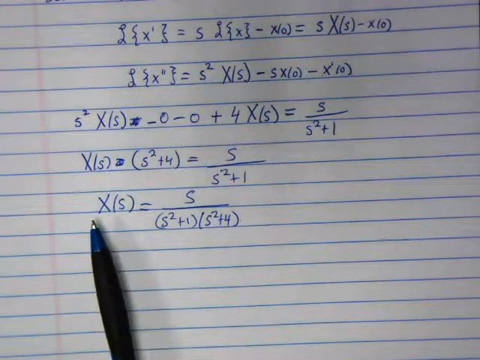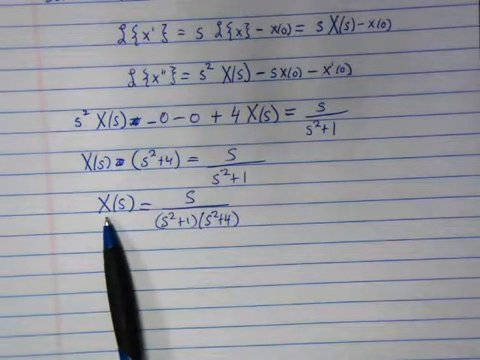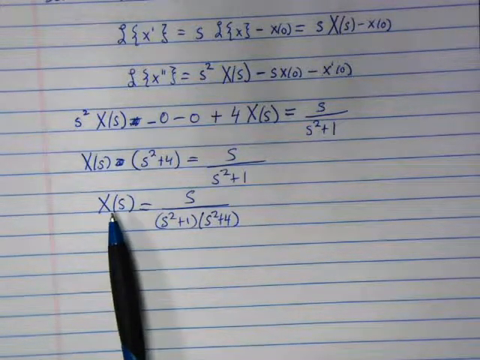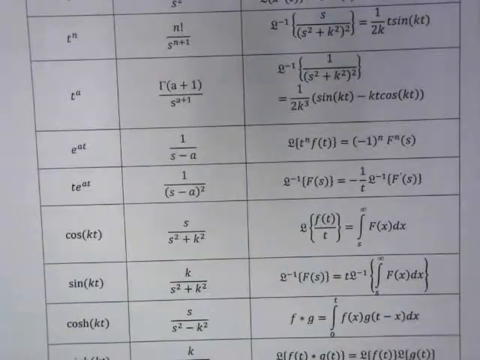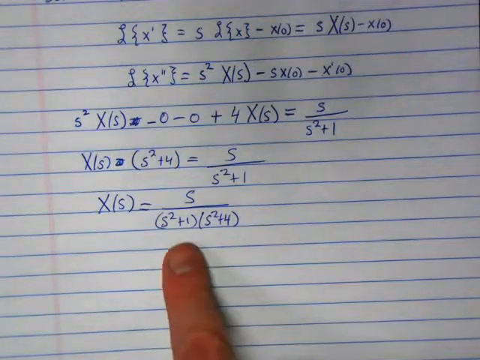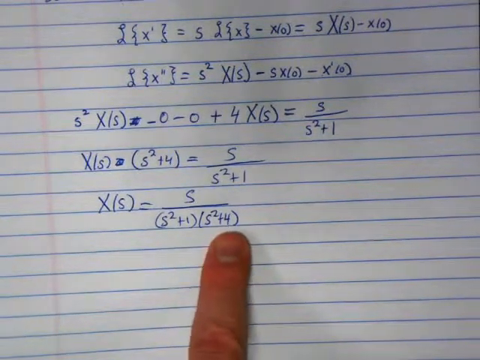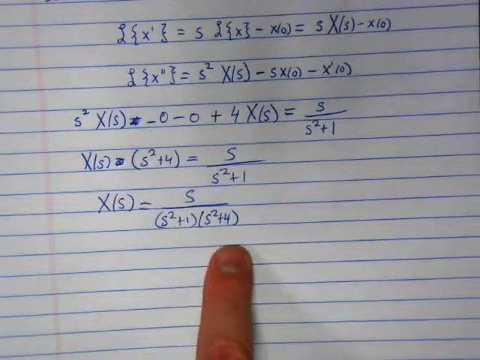I really want little x, so I have to do the inverse Laplace transform. That's correct. The problem is, I look at my big list of transforms, and I don't see any that have this form. I don't see any that have an s squared plus k and an s squared plus another k down on bottom being multiplied like that.